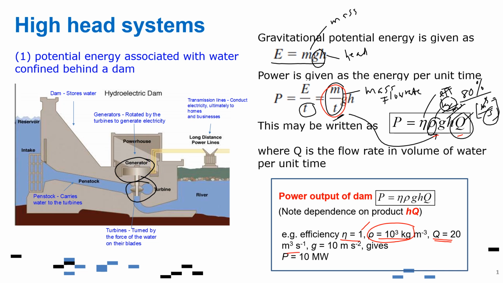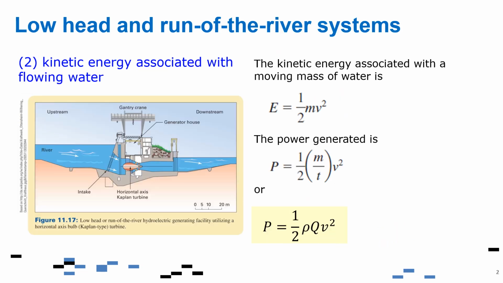This is not the exact gravitational constant of 9.81; it is just to make things easier for this example. If we work everything out, we get 10 megawatts as the power output of this specific dam. It's a very simple formula based on the potential energy. Please remember that formula.